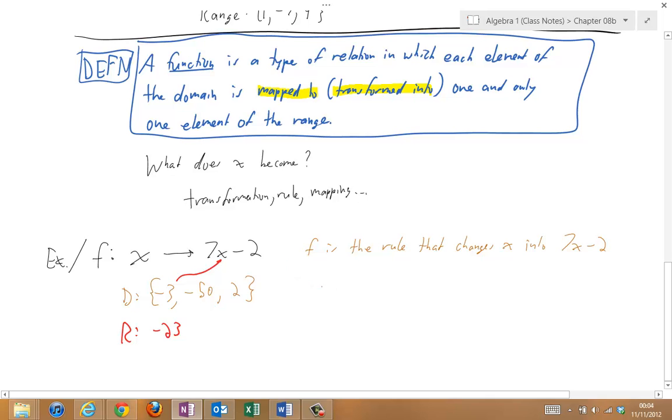Then I'm going to want to do 7 times -50 minus 2, so my second one would be -350 minus 2, which is -352. Then 7 times 2 minus 2, which gives me 12. Here's my range.